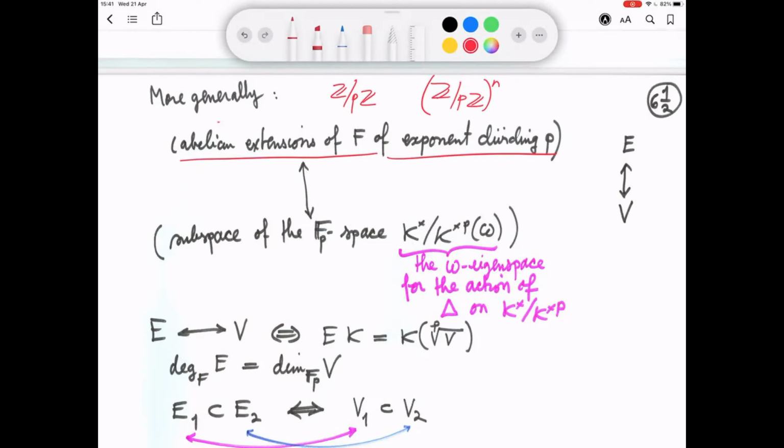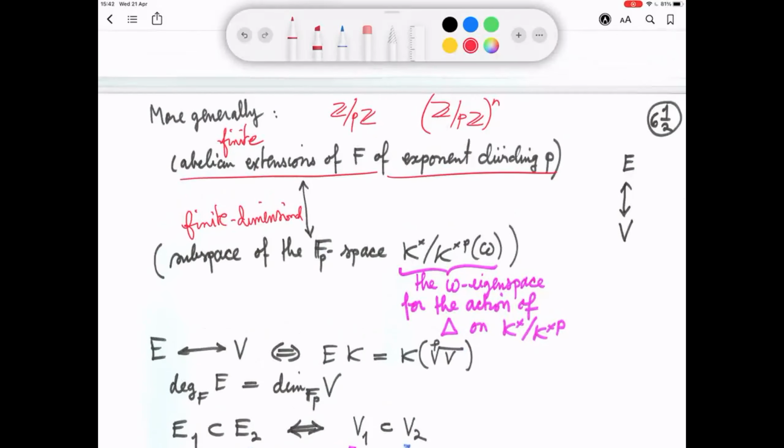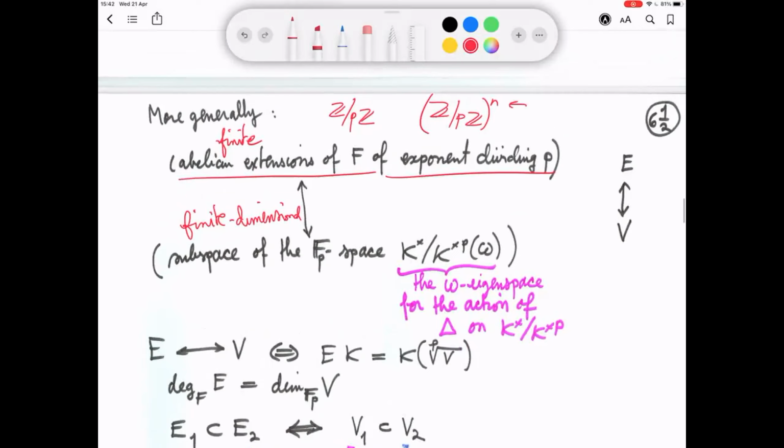If you just want it to be finite, then subspaces of the Fp spaces, so you have to put finite dimensional here. So let's just take n, but this n is not fixed, for varying n.